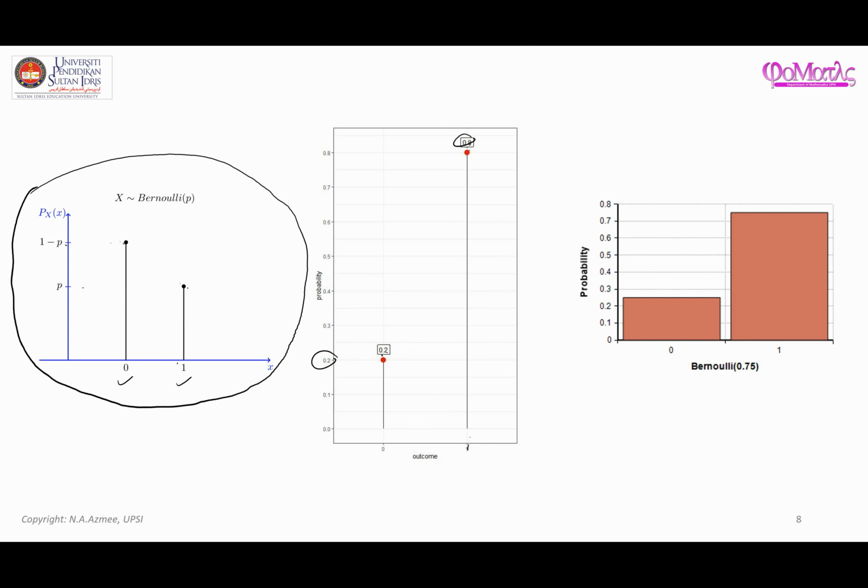Another way of representing a probability distribution using a graph is this form. Instead of having one straight line, you may want to use a bar. Here you can see that this is the probability of failure valued at 0.25, and this one is the probability of success, which is at 0.75.